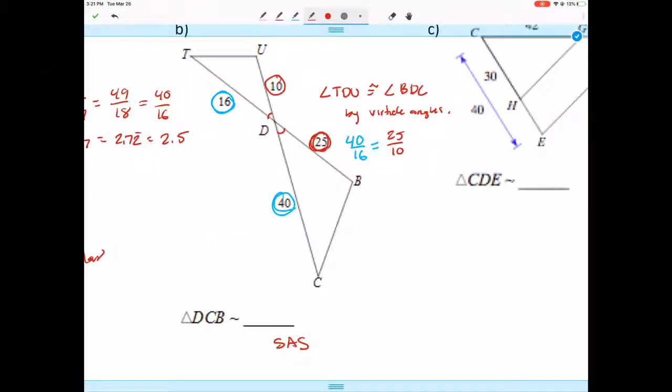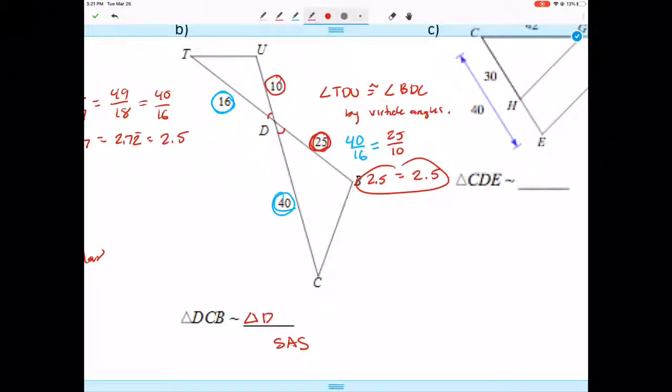All right, let's do 40 divided by 16. That gives us 2.5. And then 25 divided by 10 is also 2.5. So we know that they are proportional. So we know that triangle DCB is similar to, we make sure we have them in the right order.